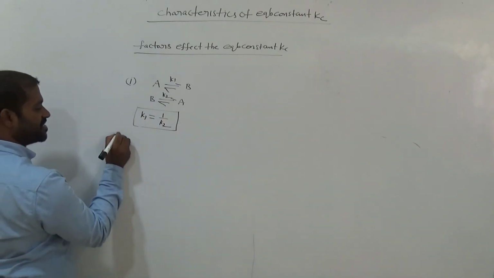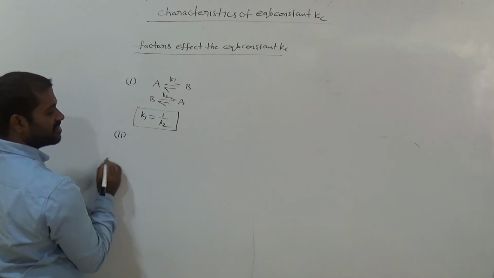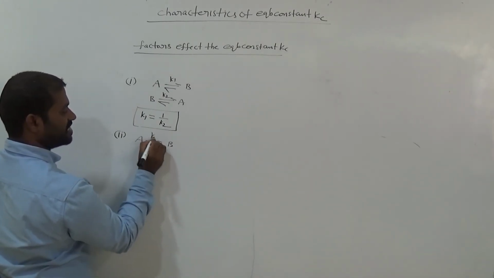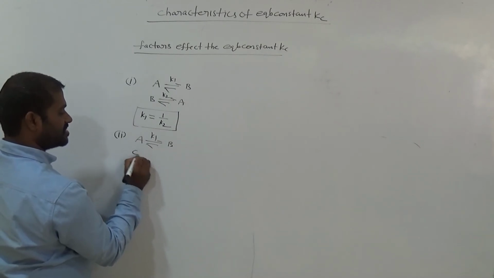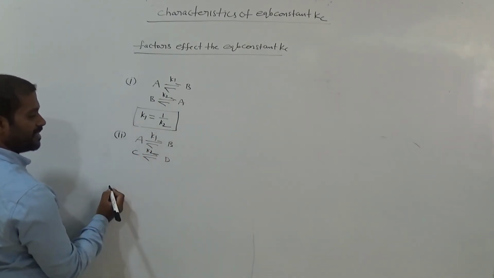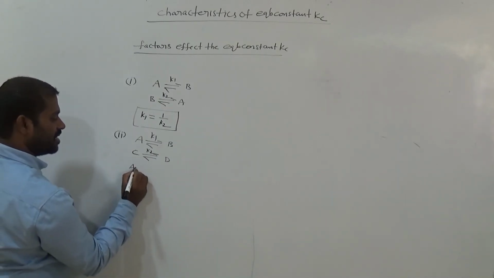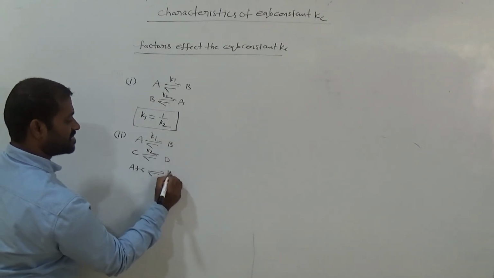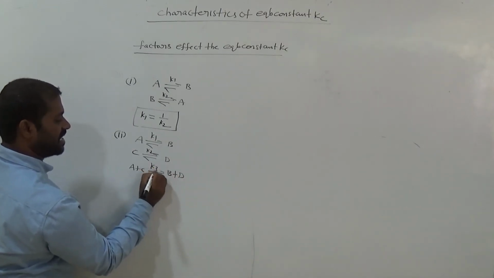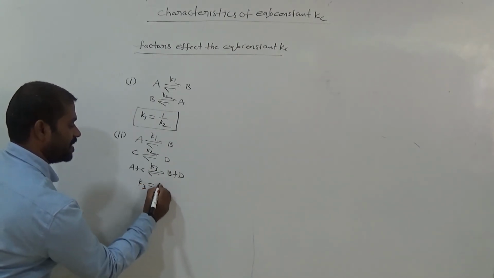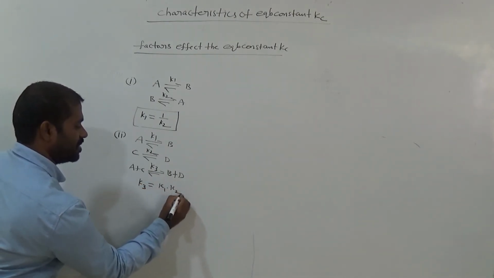And the second case, A reversible B, this is K1, C reversible D, this is K2, and A plus C is reversible B plus D, this is K3. So in this case, the value of K3 is K1 into K2.